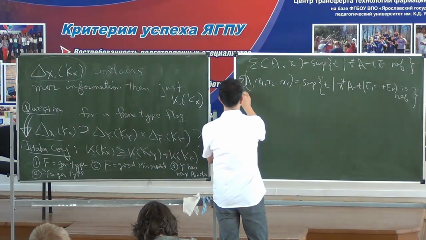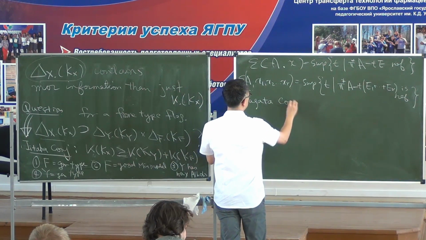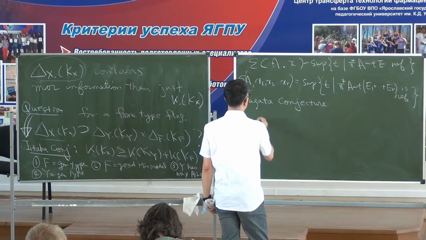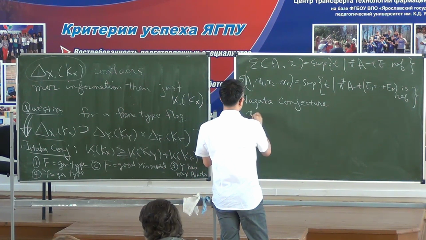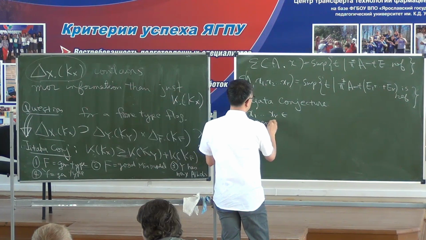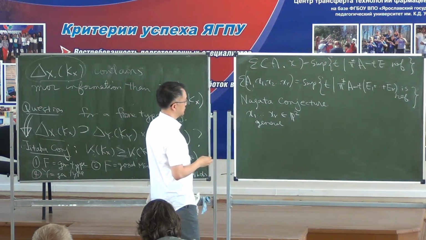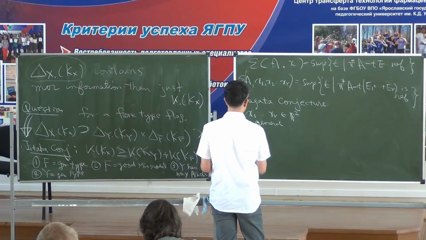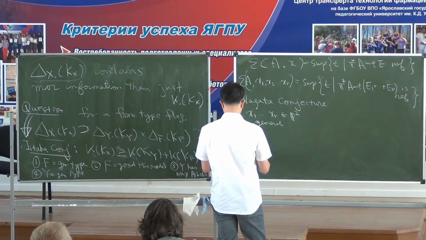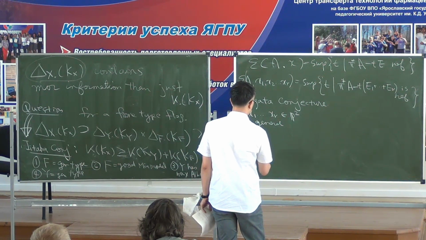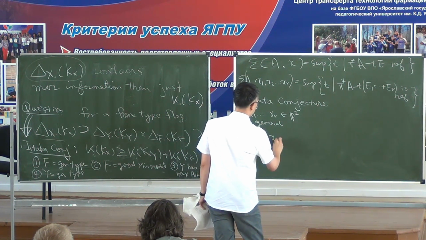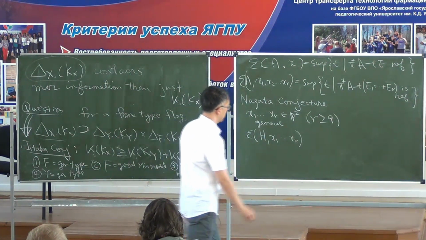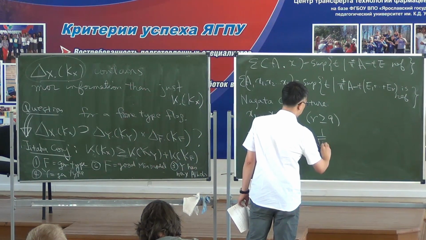The Nagata conjecture says: let x1, ..., xr be general points in P2, and let epsilon be the Seshadri constant of the line H at these general points. When r is large, this is equal to 1 over the square root of r.